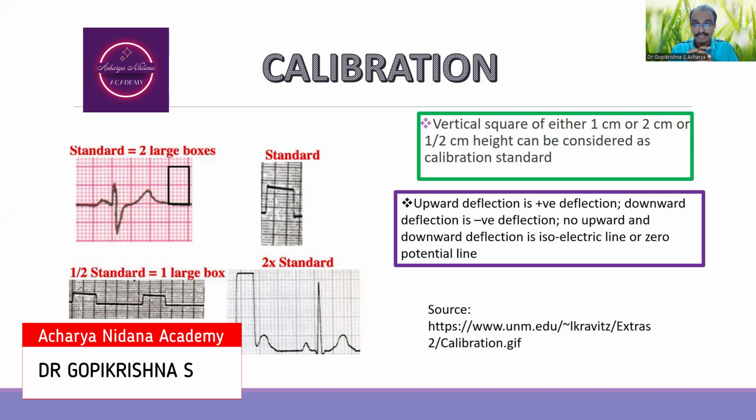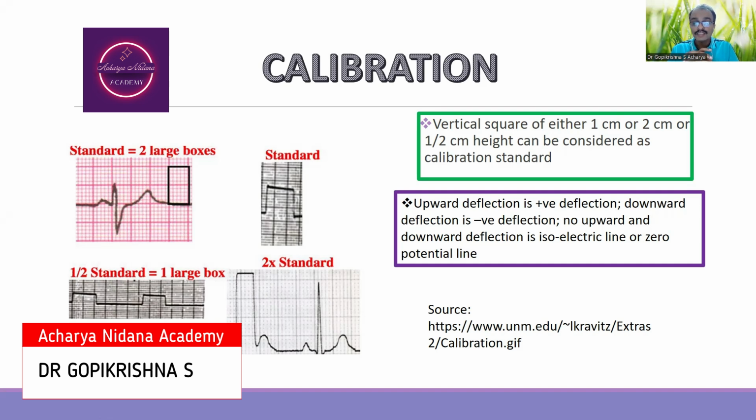Where there is no deflection at all, that is considered to be the isoelectric line, otherwise termed zero potential line. If there is a deviation above the isoelectric line, that is termed positive deflection or upward deflection, more commonly said as positive deflection.